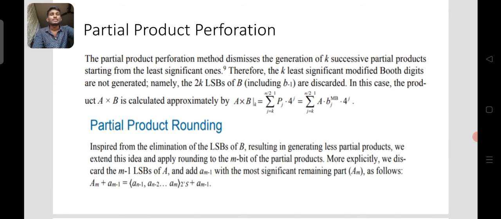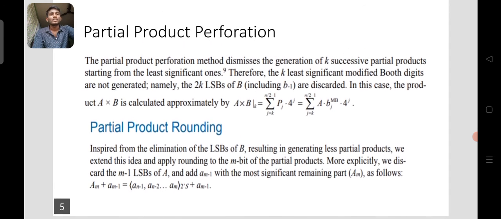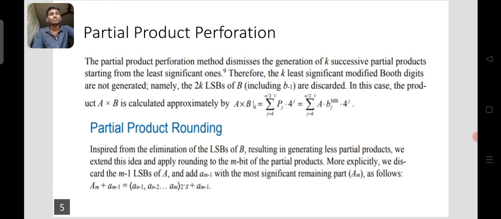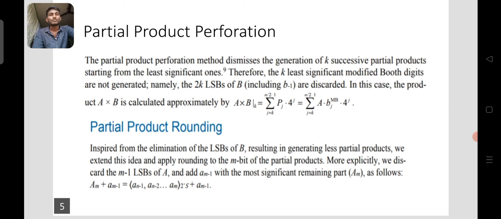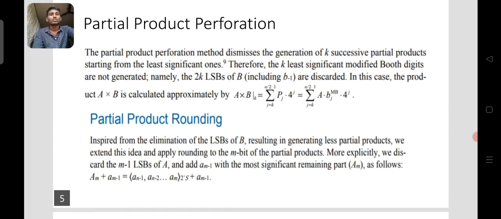In this case, the product of A and B is approximately equal to the summation of Pj times 4^j, where j ranges from k to n/2 minus 1.